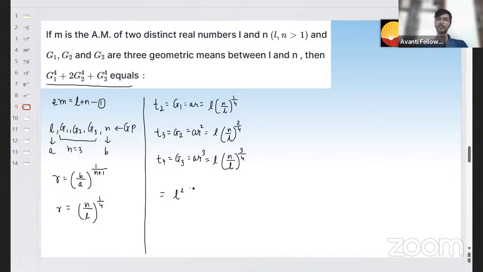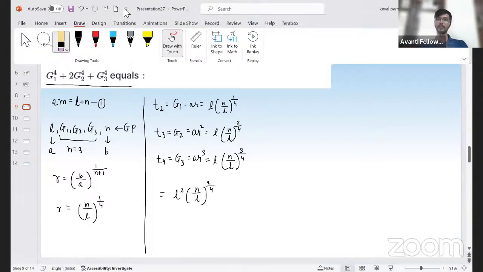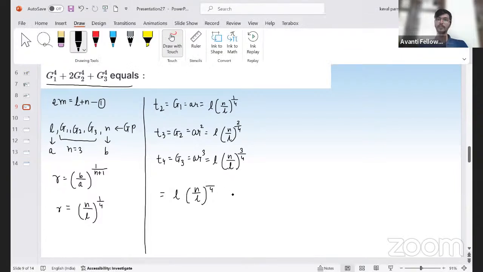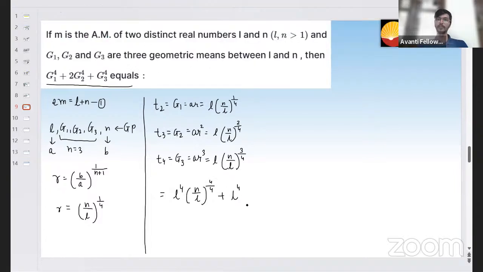So L square into N by L raised to the power 1 by 4, raised to power 4, G1 raised to 4. Plus L raised to 4 N by L raised to 4 into 3 by 4.